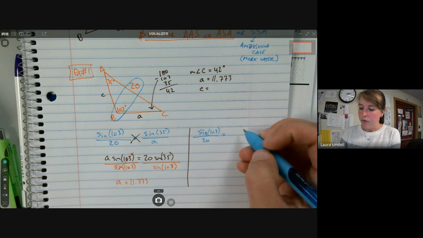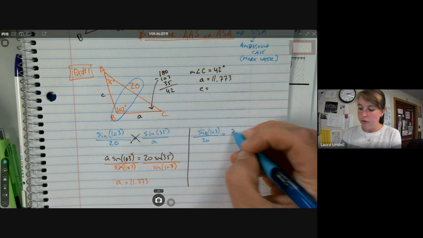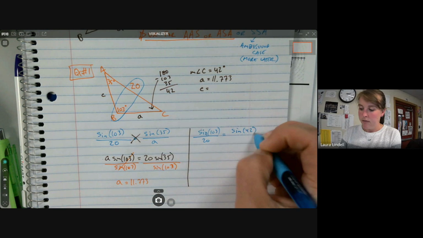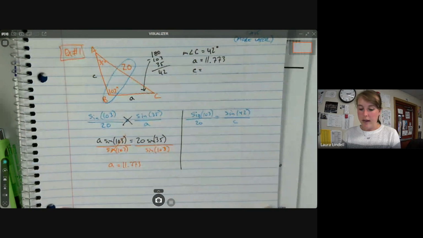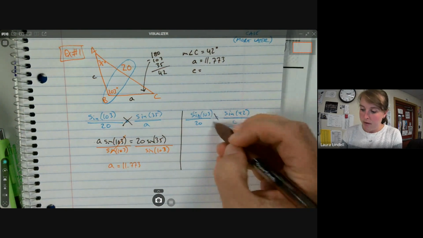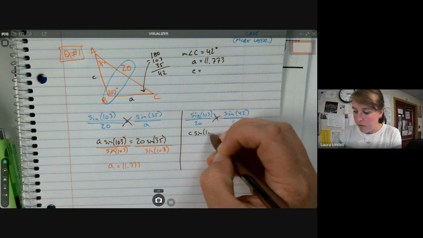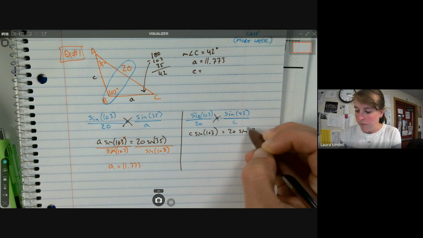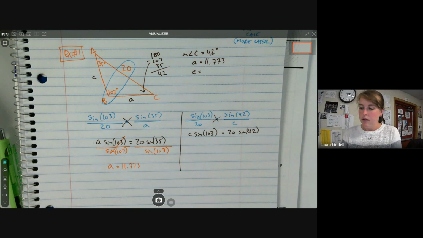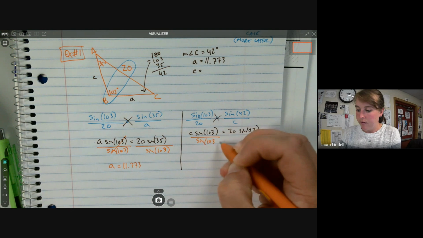And then it's going to equal, instead of 35 here, sine of 42 because angle C was 42 degrees, divided by C. We solve it the exact same way. We cross multiply. We get C times sine of 103 equals 20 sine of 42. We divide by sine of 103 on both sides.